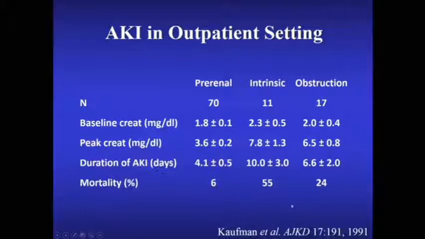Those that had intrinsic kidney disease, which would be predominantly acute tubular necrosis and allergic interstitial nephritis, there's a huge mortality here, and not insignificant mortality in those that had obstruction. So, if you're in the emergency department or you're on the receiving end of a patient from the emergency department, if you're going to hedge your bets, most of the time they're going to have pre-renal azotemia. But obviously, you're going to want more data than that. I think this just gives you a little bit of perspective.